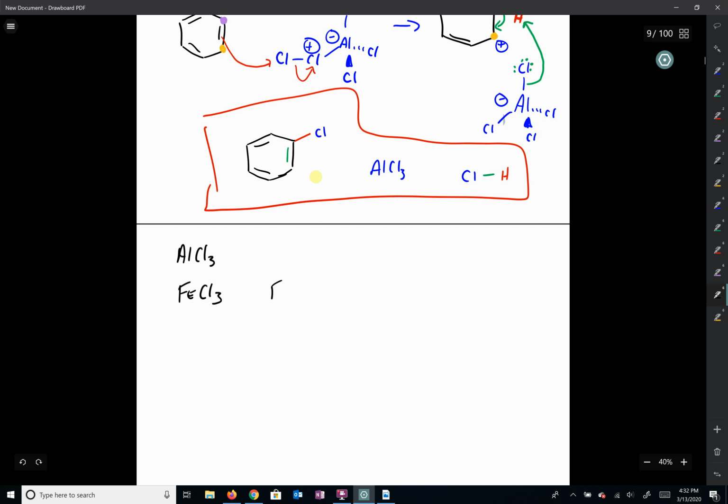There's even cases of just using solid iron mixed with chlorine gas. If you bubble those two together, you basically just end up making this along the way. So if you happen to see it written like this, it's basically the same thing as just iron chloride there. Iron(III) chloride will work exactly the same way as aluminum chloride will. No big difference in that one.